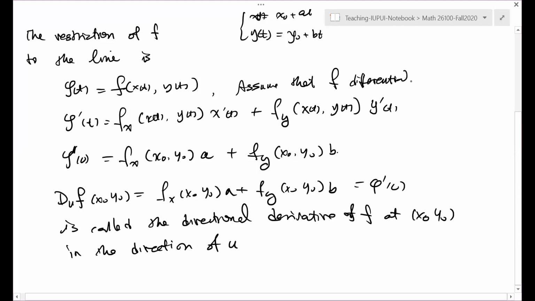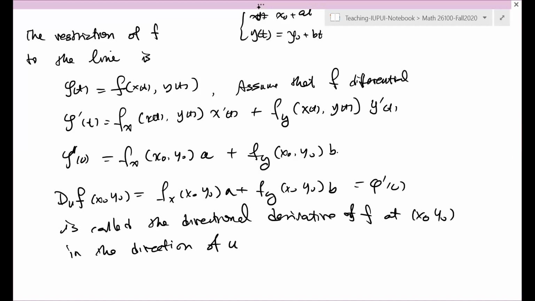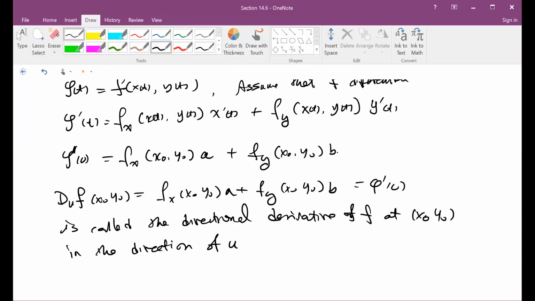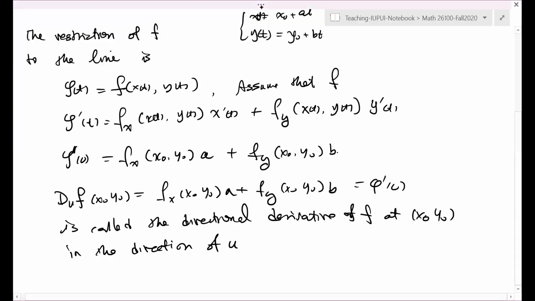Otherwise, you don't get this formula. Okay, f is differentiable, then you have this formula by the chain rule.